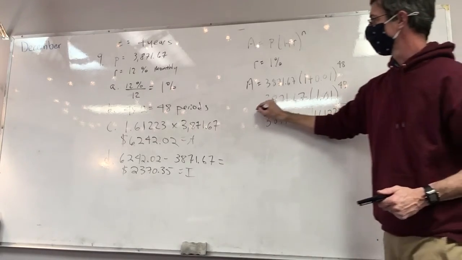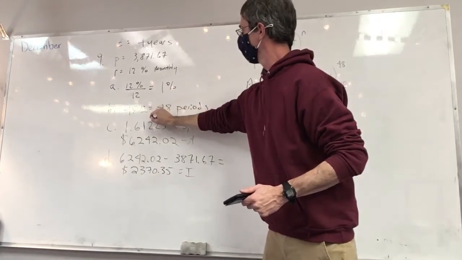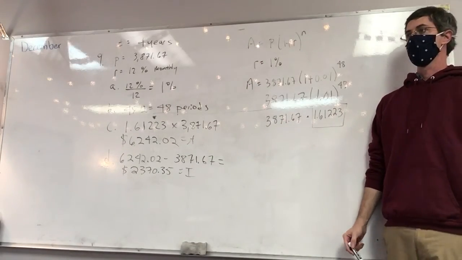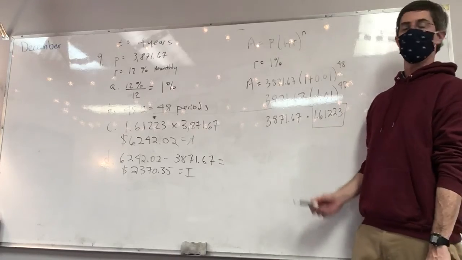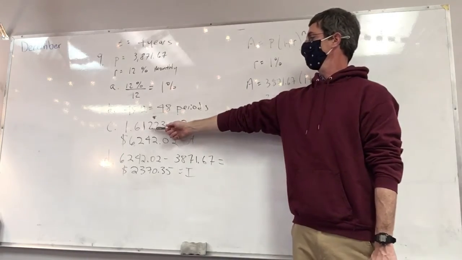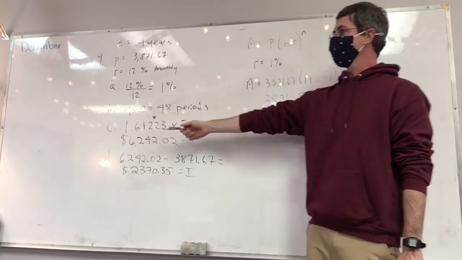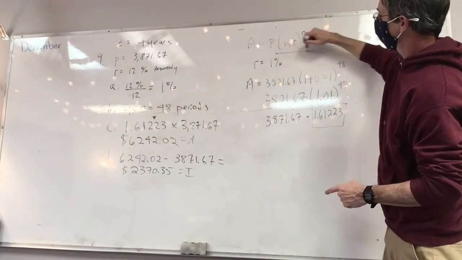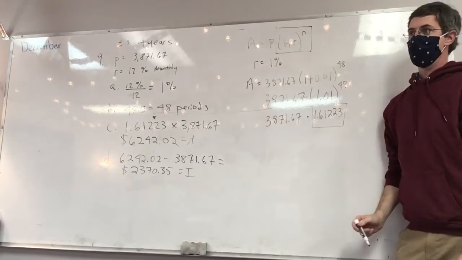Now look over here. You see it? Mark, you see it? This number here that we're looking up in the table is a whole calculation of a bunch of (1 + r)^n.